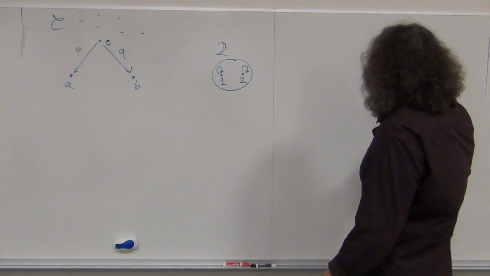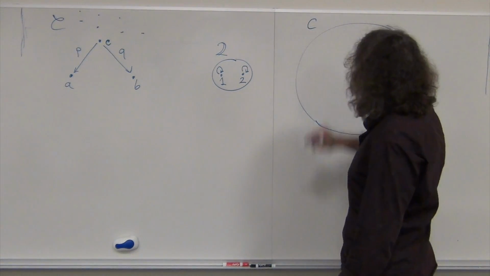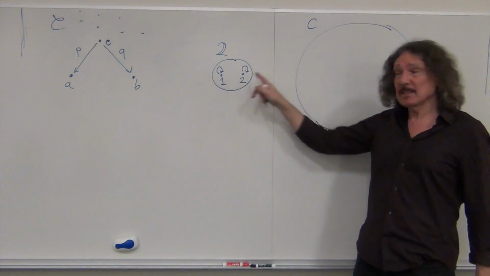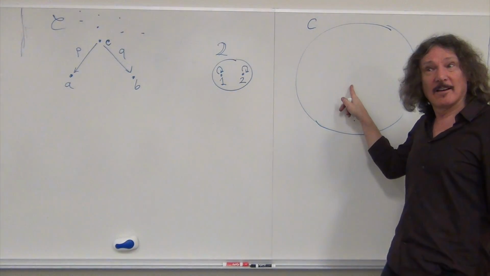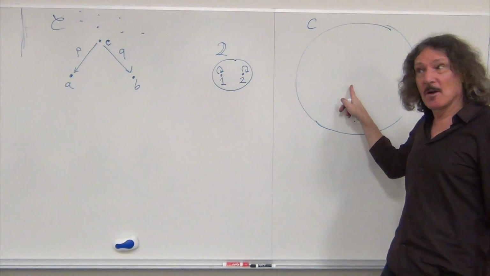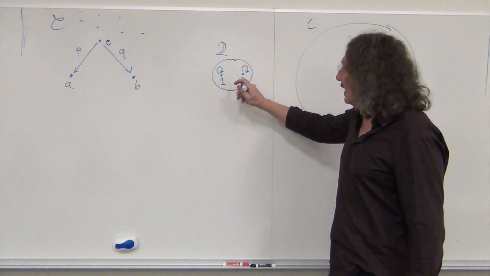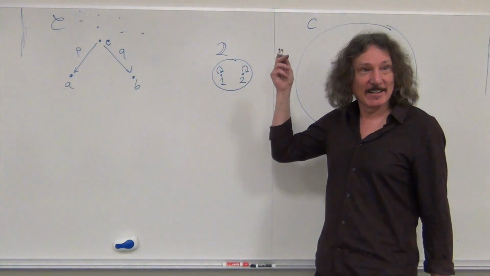Right? But now we have this humongous category C, right? And we want to say, what does it mean to pick this pattern inside C? Well, so we have to pick two objects, right? So it's a functor, obviously, right?